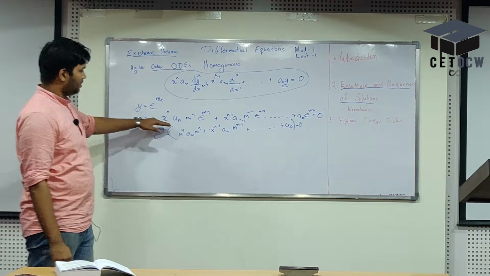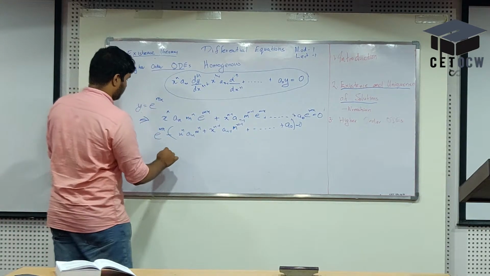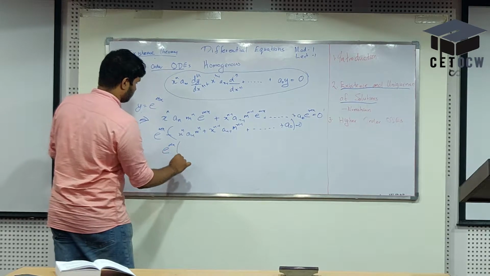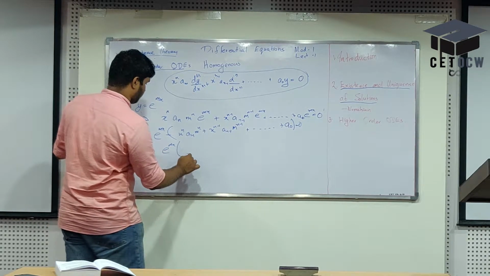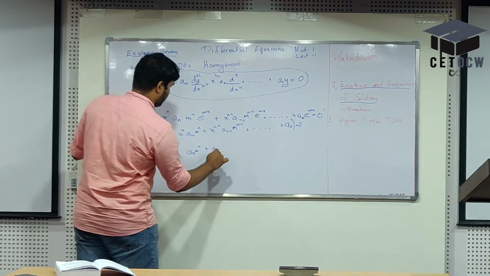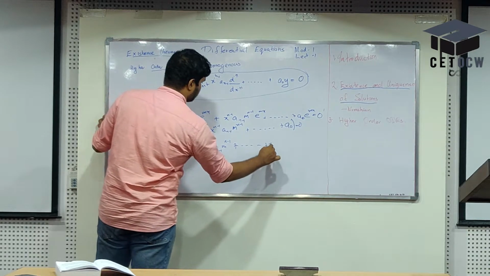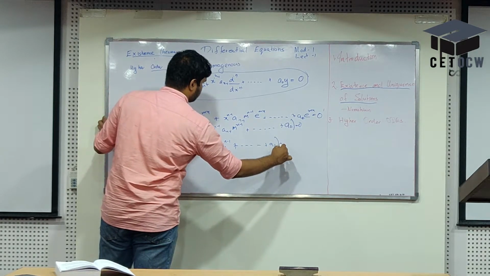Suppose that these x's don't exist. That is, the simple equation of e^(mx) times (a_n m^n plus a_(n-1) m^(n-1) plus etc. plus a_0) equal to 0.